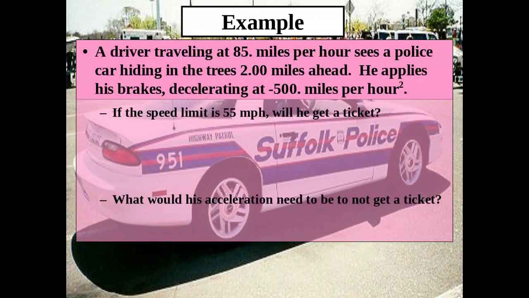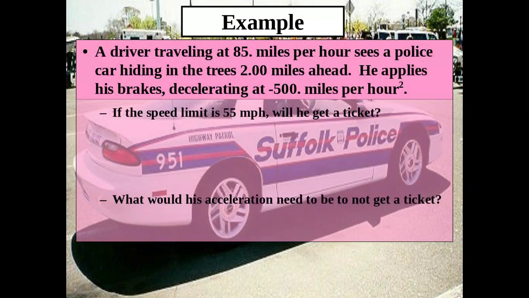Well, okay, what do we know? We know that the driver is traveling at 85 miles per hour, so that is your initial speed or initial velocity. He sees a police car hiding in the trees 2 miles ahead. 2 miles is your distance.